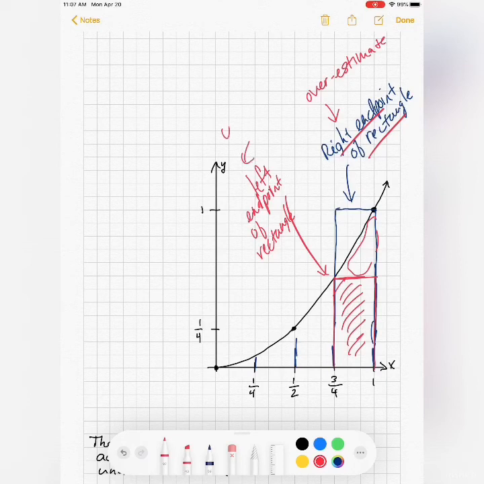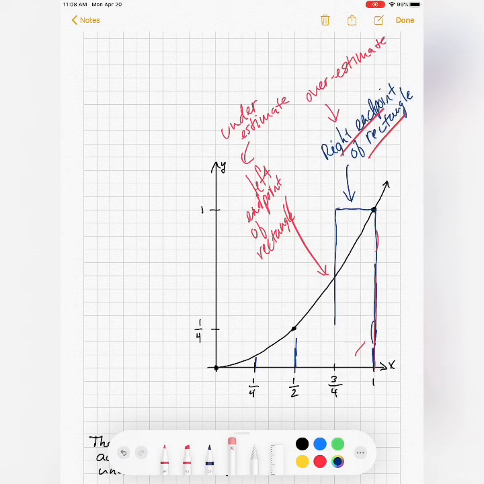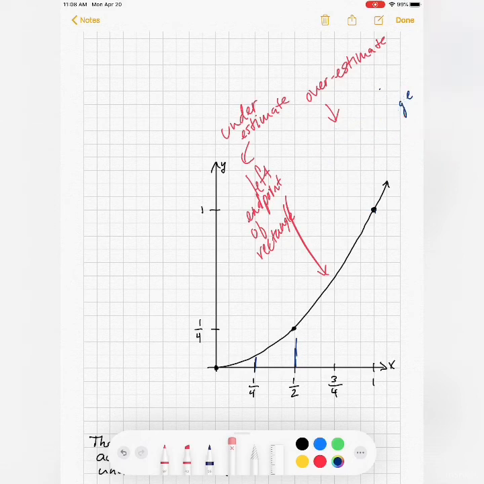This would be an underestimate. Okay, and then what's even another idea? I'll go ahead and remove that. So that was looking at using the right endpoint or the left endpoint of the interval.